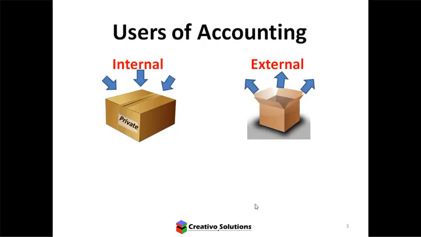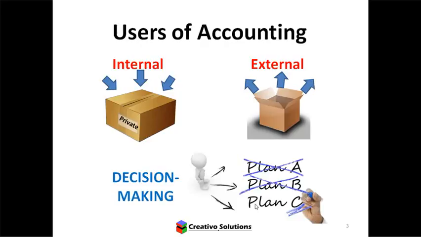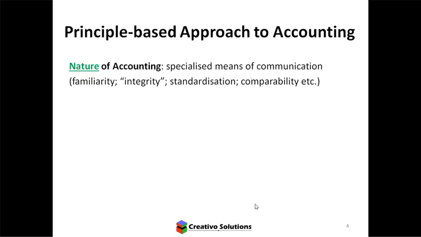Government needs to collect tax revenue from different companies, and they need to look at the financial records in order to determine how much tax they are going to be charging each and every business. Right, so those are the two main groups, internal and external users. And remember, the main goal is ultimately to make decisions. Decisions need to be made, and we need the financial information in order to make good decisions. The better the information, the better the decisions.